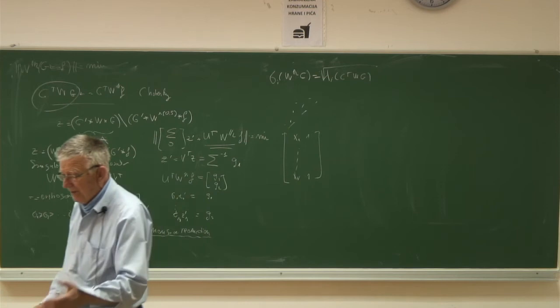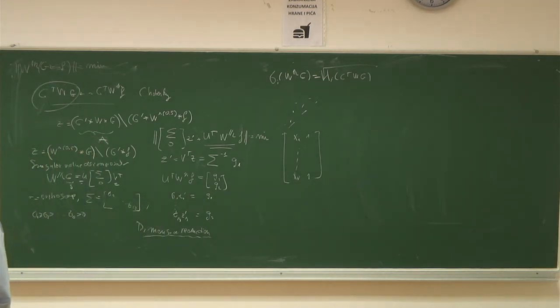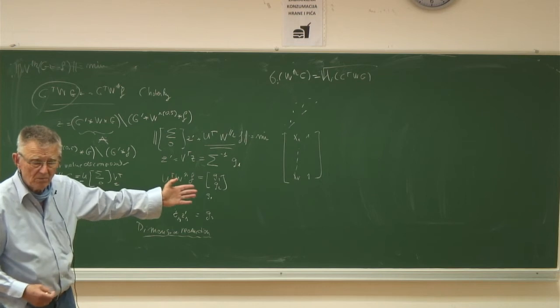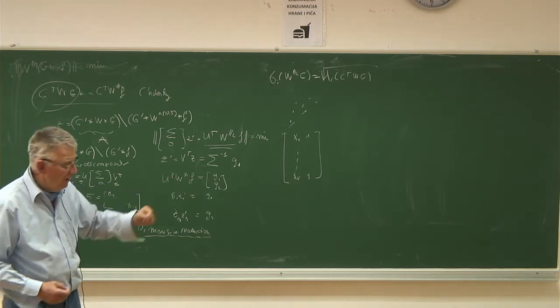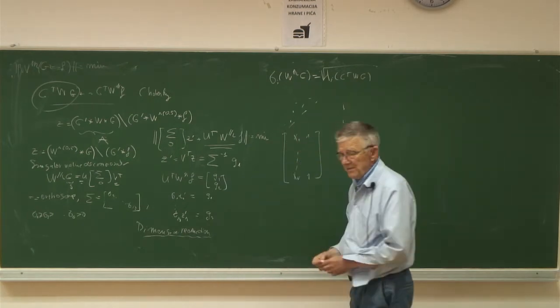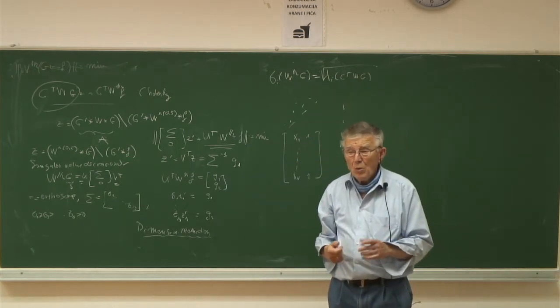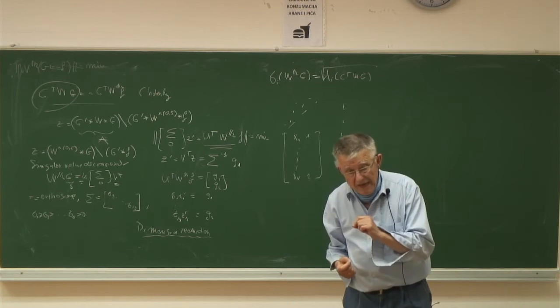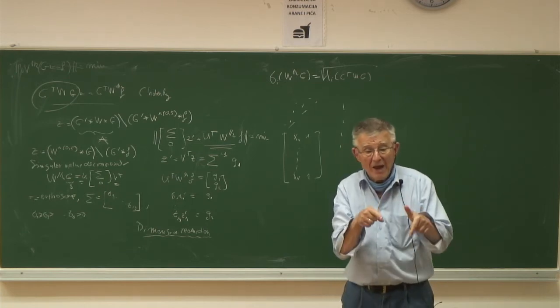So what if the condition number of this matrix is small? That means that those x's are almost equal. So that means that you have something like that. But then in this case, look at the y's.